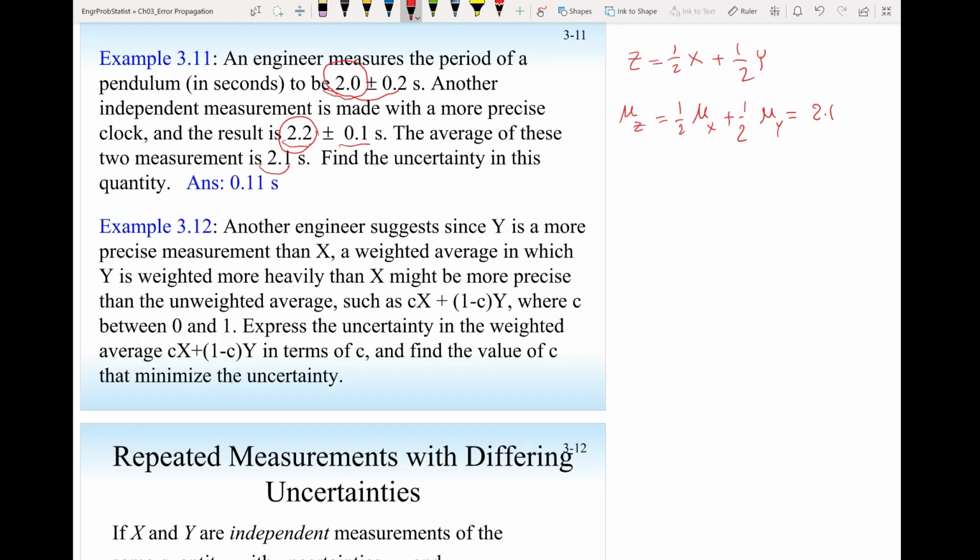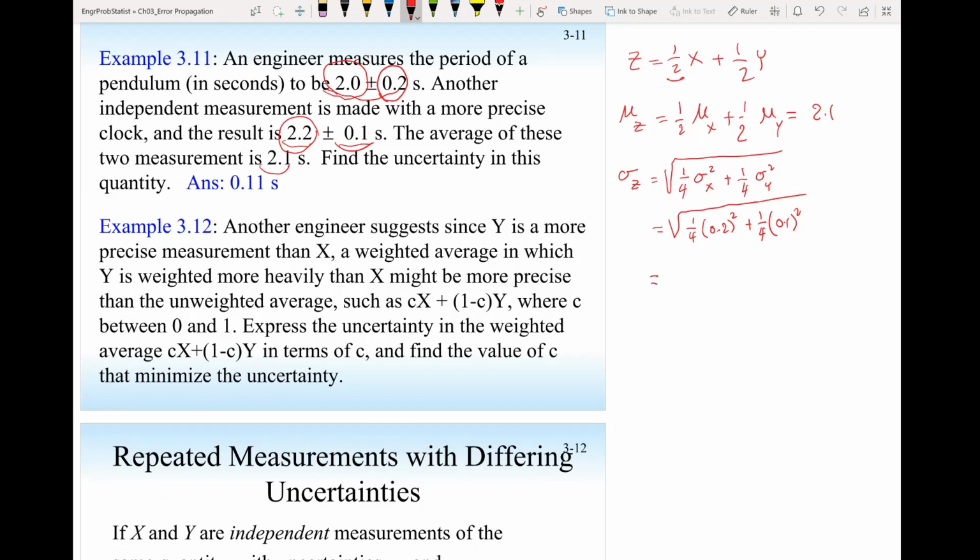Now if we want to find the uncertainty, sigma Z will be the square root of this constant squared, so that would be 1 over 4 times the variance of X plus 1 over 4 times the variance of Y. The variance of X is 0.2 squared, and the variance of Y is 0.1 squared.